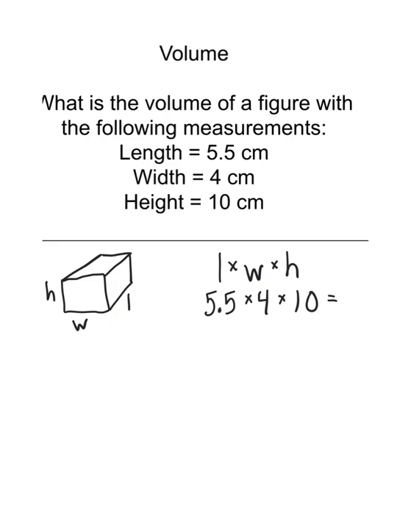Now I'm going to do this a little bit out of order because it's actually easier for me to multiply 5.5 times 10, which will just give me 55 because I just have to move my decimal point over 1 spot. And then I can calculate 55 times 4. And that will give me the number of cubic centimeters that my figure is composed of. So I'm going to let you do the multiplication on your own. Don't forget to record your answer in cubic centimeters.